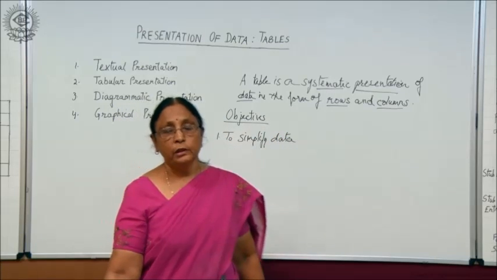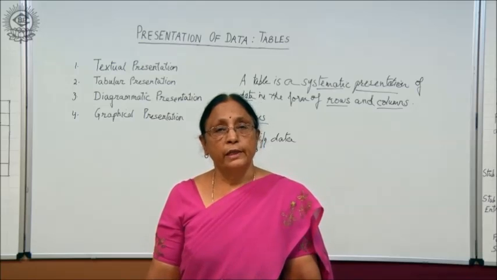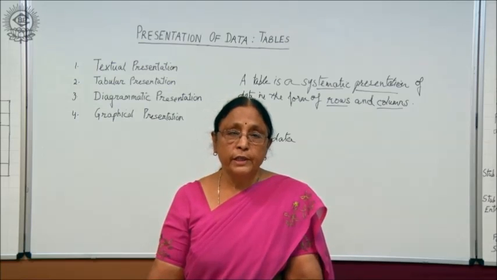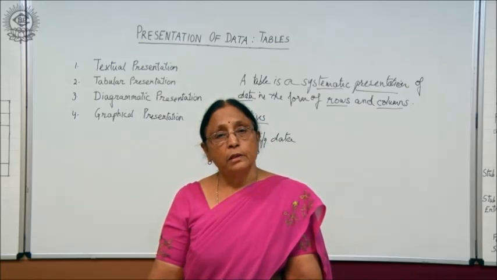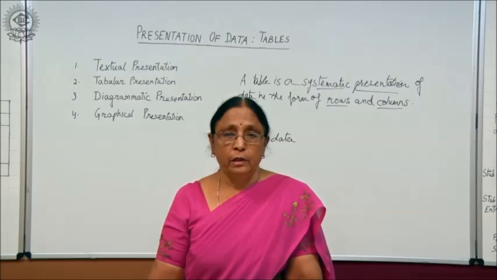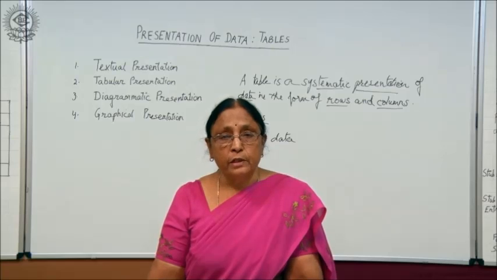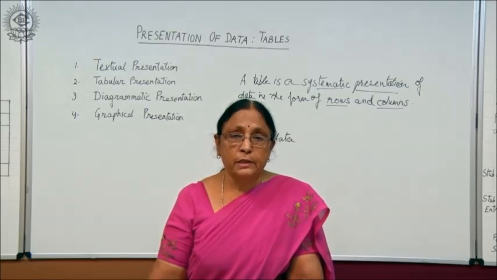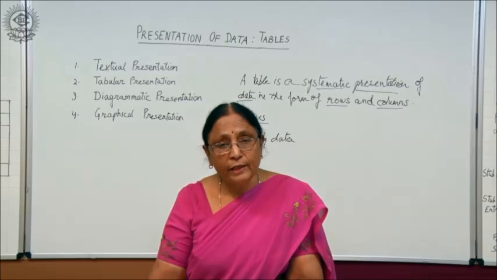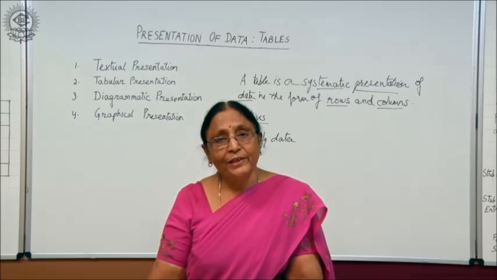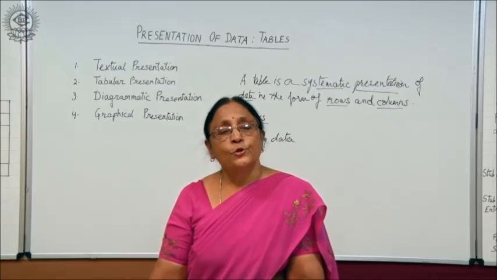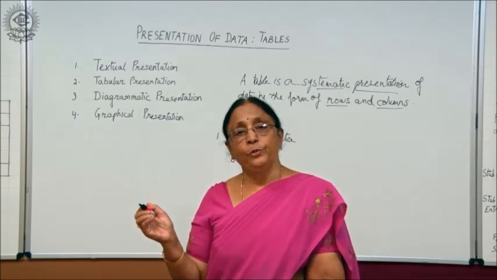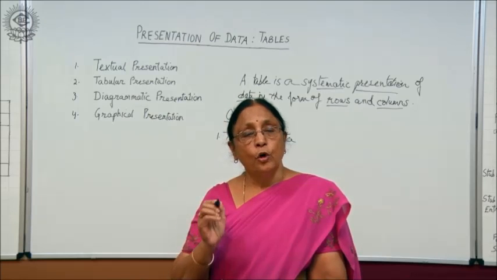As I told you earlier, the data is collected in a raw form, and the raw data is unorganized data, and it is a very complex form of data. And from the complex data or unorganized data, you cannot make any kind of analysis until and unless you classify them in a proper systematic order, right? So table presentation, or making a table, will help you in simplifying the complex data.